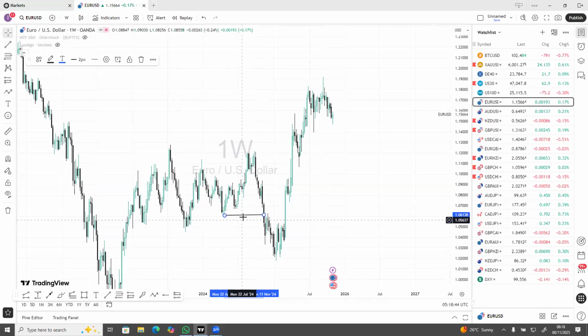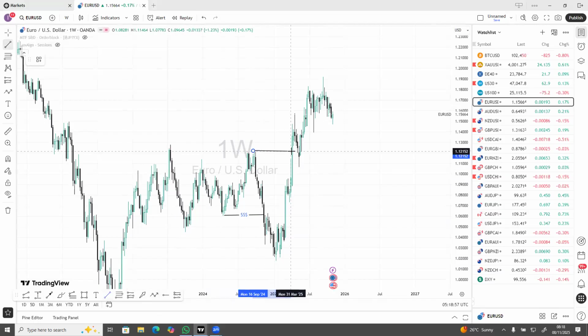It swept that previous low. And after that, you can see there is a shift or continuation and a breakable structure created over here.